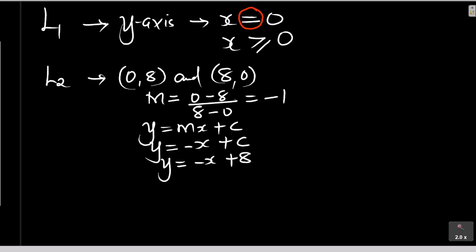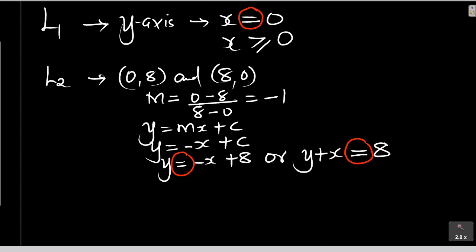You can leave that equation like that, or you can write it differently: bring -x to the left hand side, and you get y plus x equals 8. Now it is time to determine the inequality that you're going to insert there.